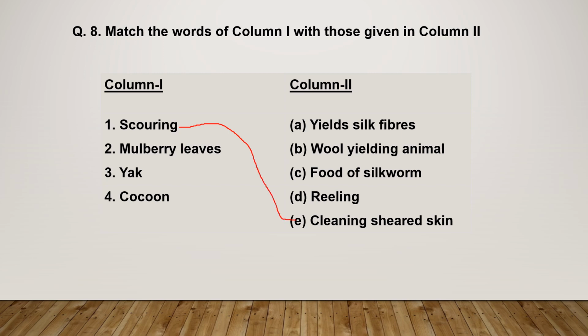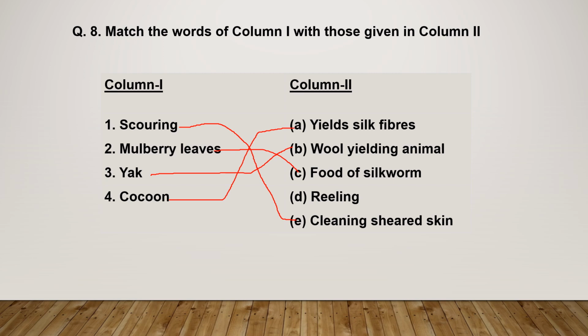Mulberry leaves: food of silkworm. Yak: wool yielding animal. And cocoon yields silk fibers.